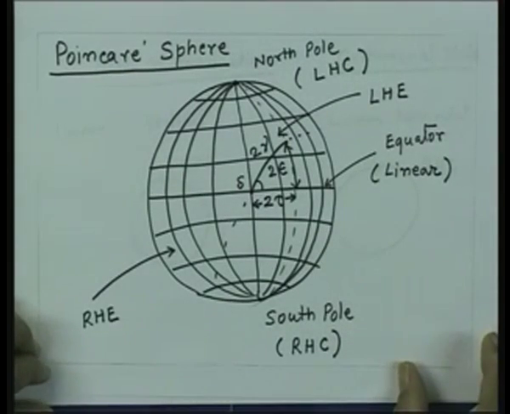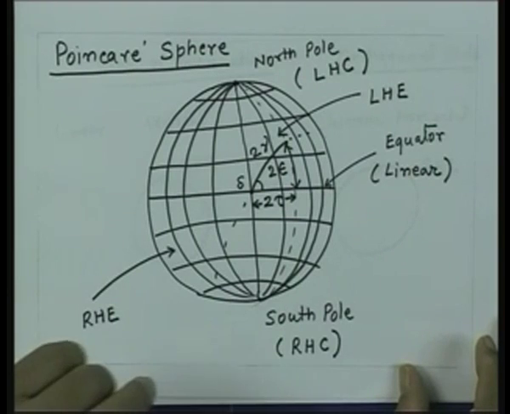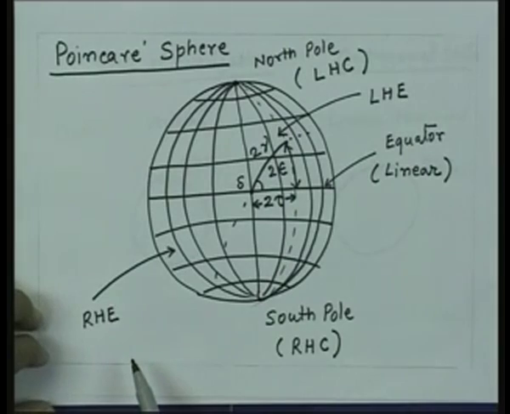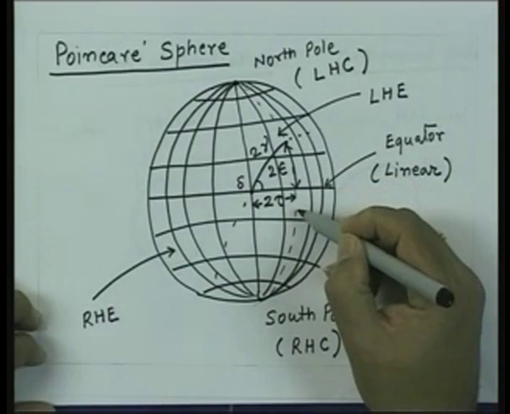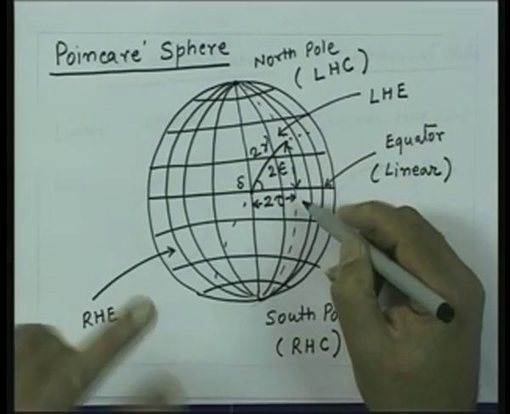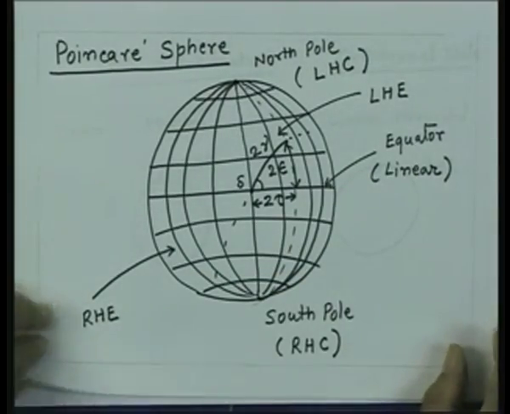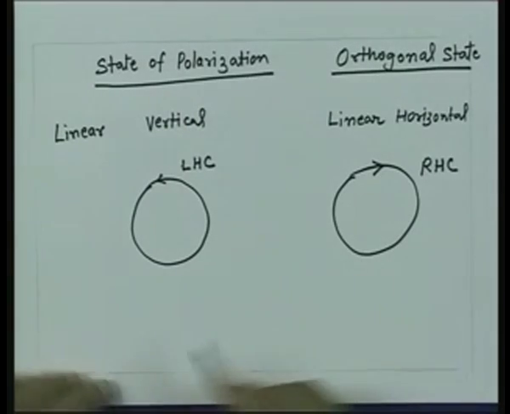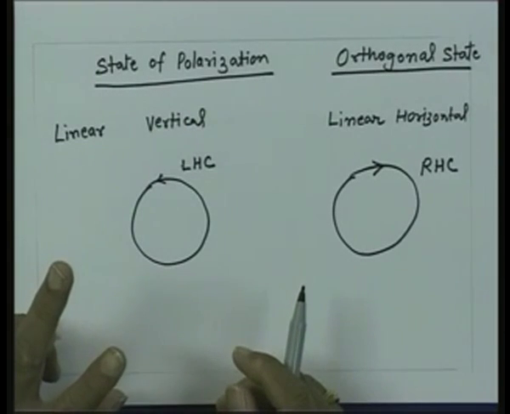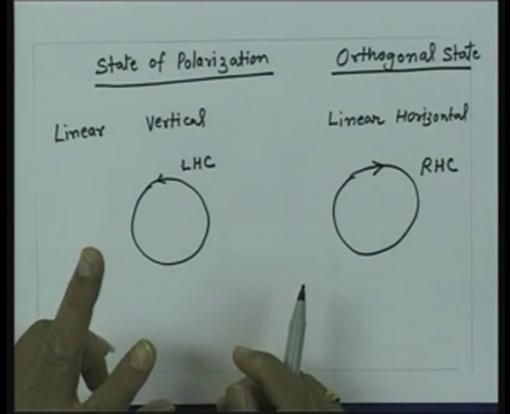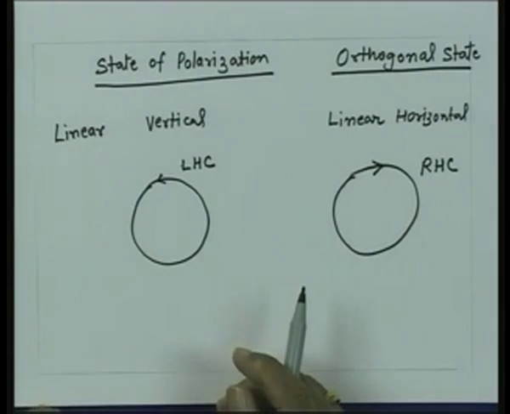What that means is that the tilt angle of the ellipse is changed by 90 degrees because 2 tau is changed by 180 degrees, and epsilon remains same, that means the axial ratio remains same, but its sign changes because I have a diagonally opposite point. So, any two ellipses which are having same axial ratio but opposite sense of rotation and tilt angle differing by 90 degrees will represent orthogonal states of polarization.